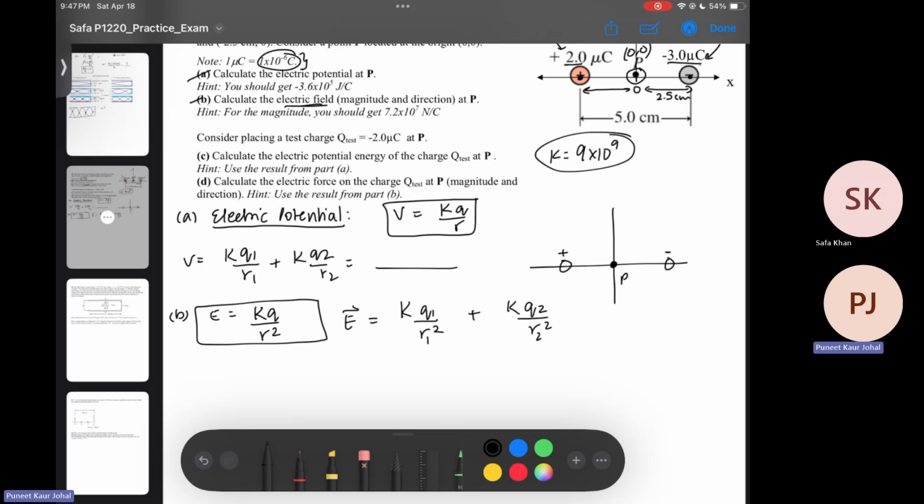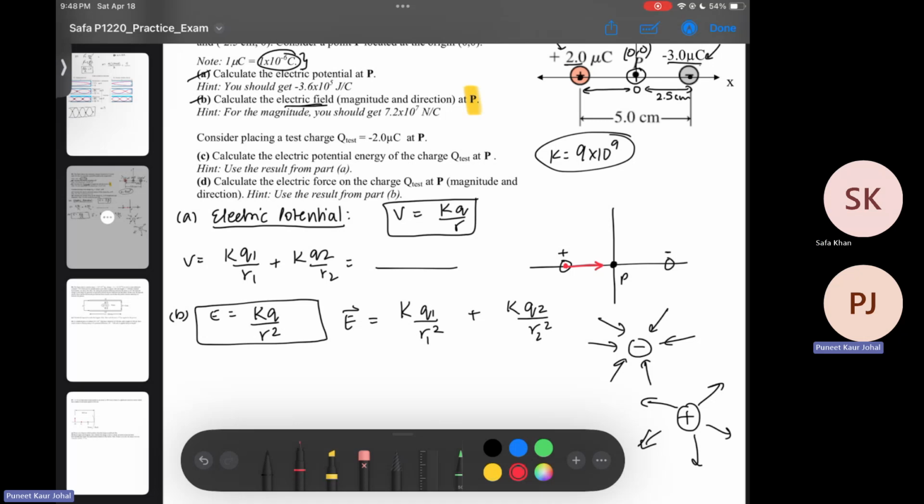So for example, when you have a negative charge, the electric field lines all enter into the charge. It's like this. When it's a positive charge, electric field lines always go out of the charge like that. So if we do it over here, towards point P, this is going to go this way because positive charges always radiate electric field lines outwards. But we don't really care about these charges. We care about point P because that's what we're being asked.